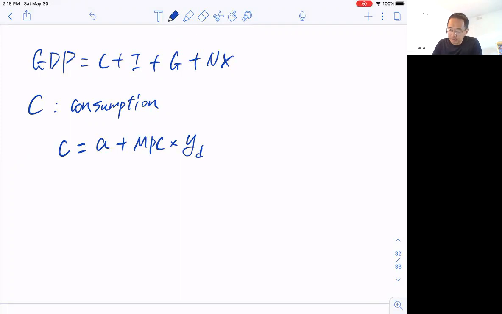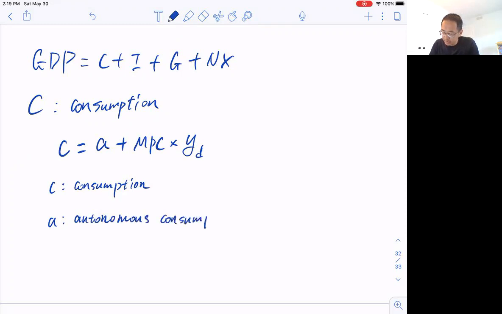Let's talk about each piece here. C is consumption, we already know that. Again, this is on the personal level, so personal consumption of somebody. A here is something called autonomous consumption.